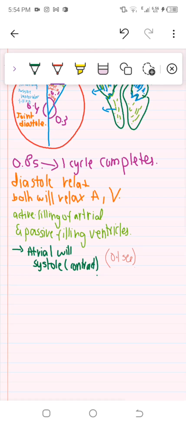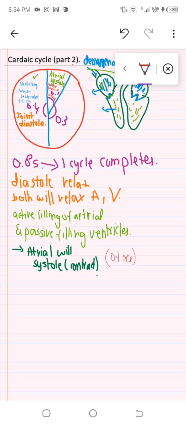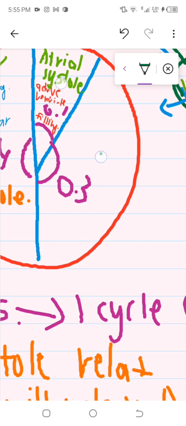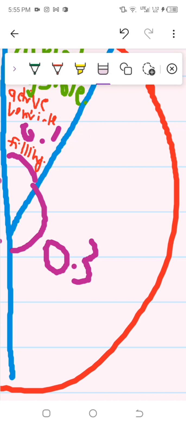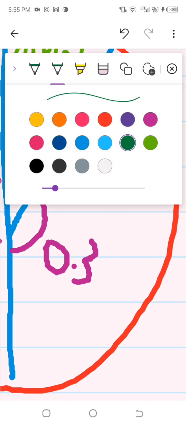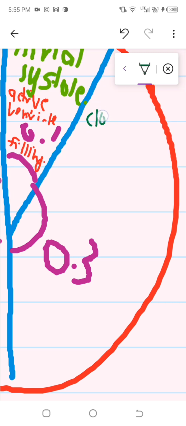Fine. Now if I talk about this 0.3, the atria have been contracted, so the blood has totally gone into the ventricles. Now the AV valve will be closed. At the starting, closing of the AV valve takes place.